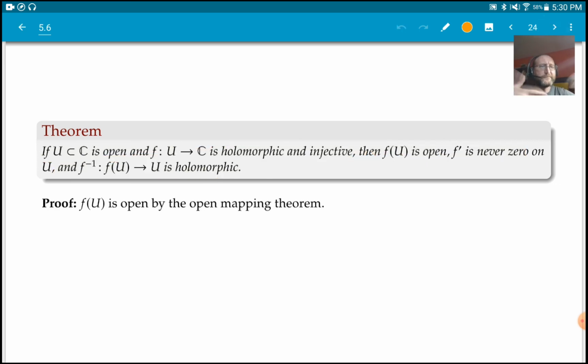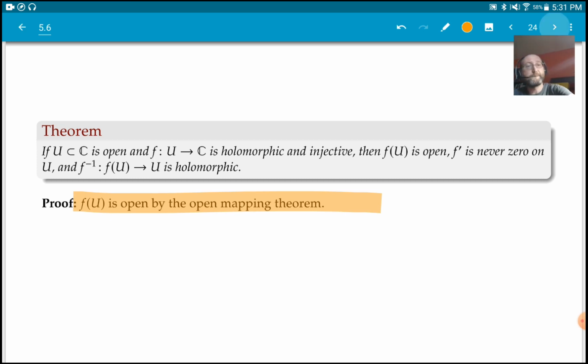Now, basically we've proved all this, but we're just putting stuff together. First, we proved the open mapping theorem. That was last time. So we have that f(U) is open. So this all makes perfect sense, since we are looking at a function defined on some open set.